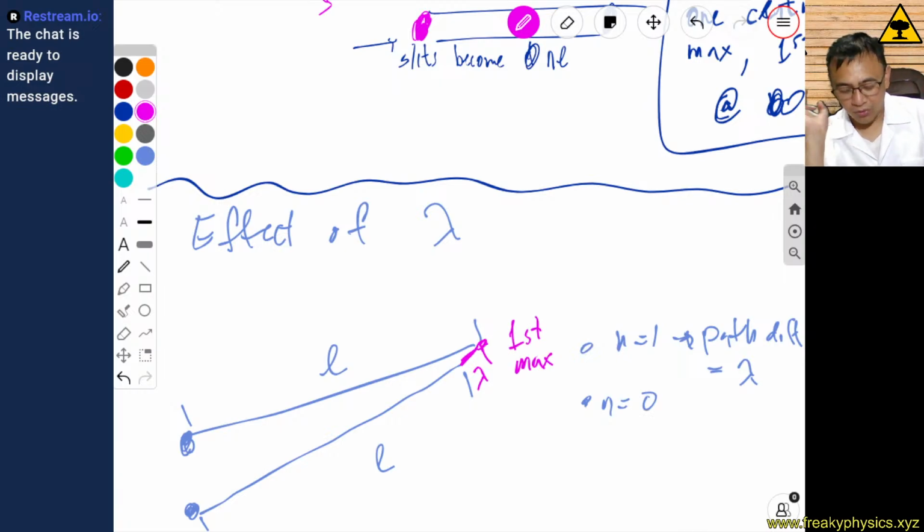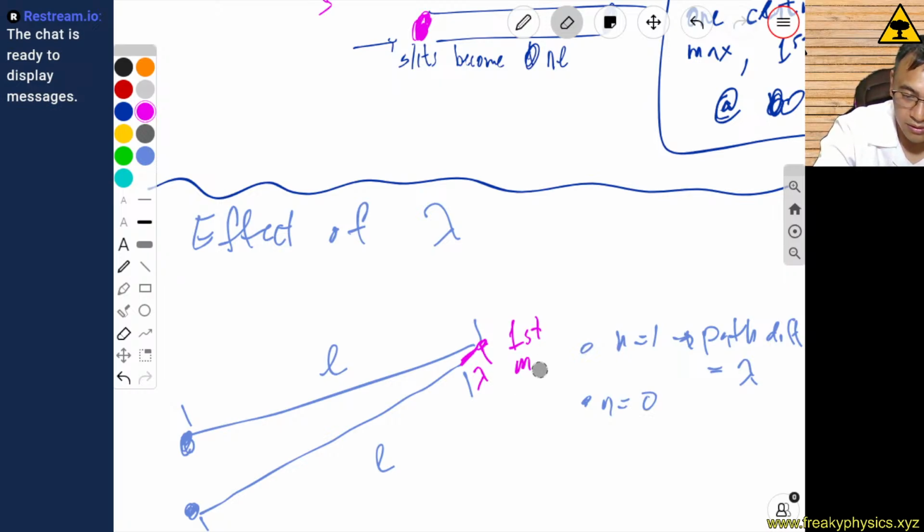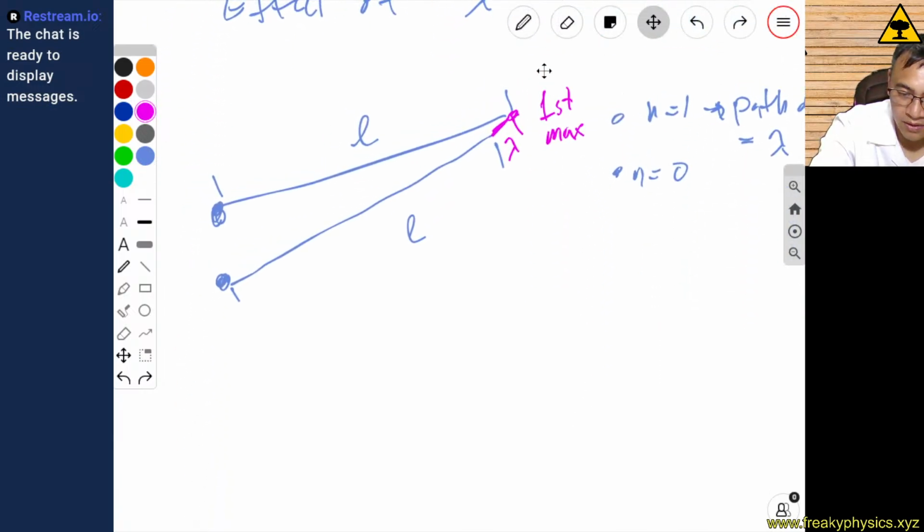So if your lambda is small or big, now I'm going to redraw this real quick. I'm going to try to make this identical in setup, but this time I'm going to change the wavelength.